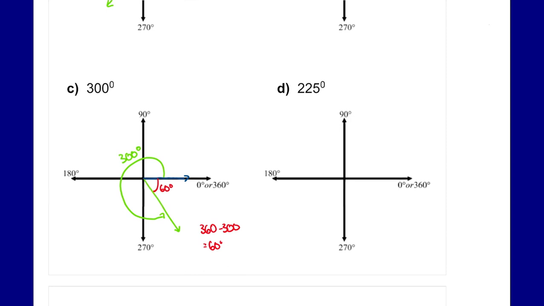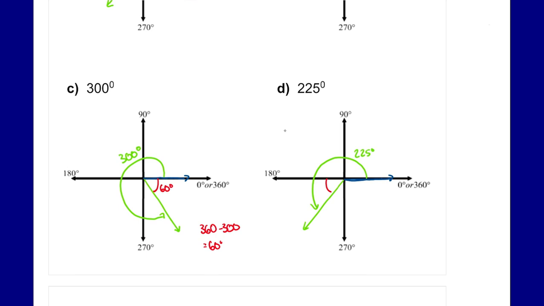And finally, 225 degrees. Again, let me draw my initial arm. My terminal arm is going to be somewhere over here. Rotate around 225 degrees. Let me spread it out a bit more, just so I can come here. So my reference angle is going to be here.